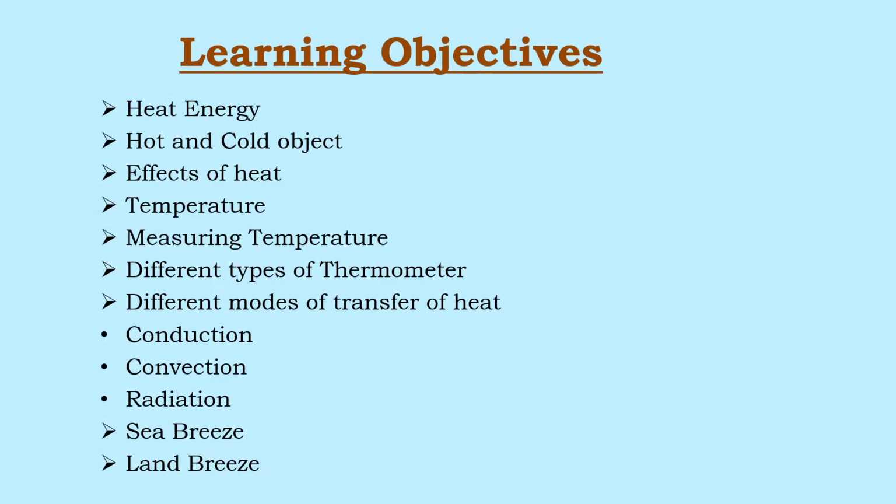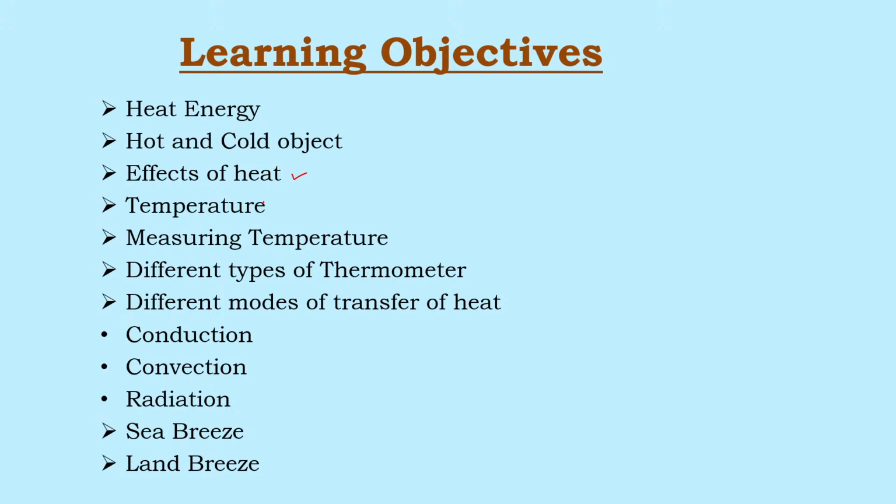Let us see what the learning objectives of this class are. We are going to see what heat energy is. We are going to understand what hot and cold objects are. We are going to learn about the effects of heat.